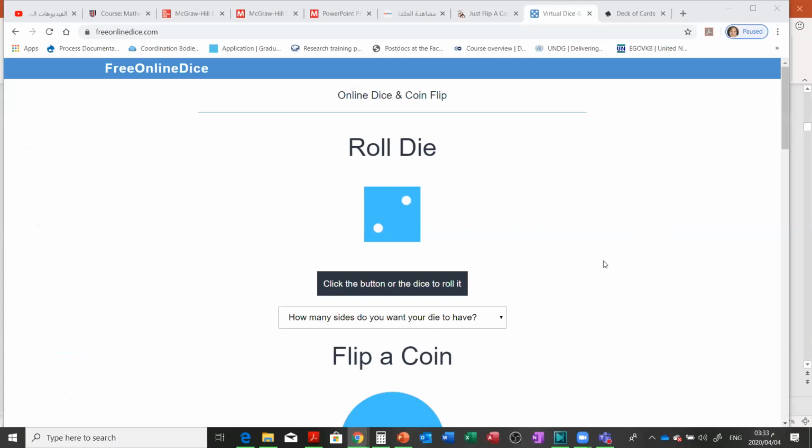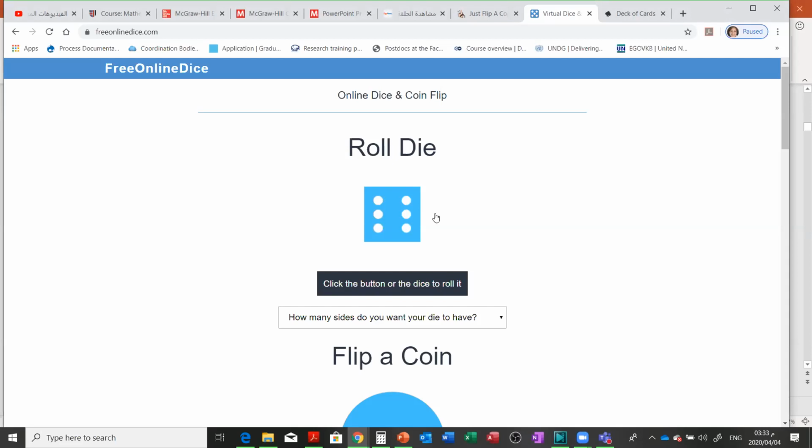Now we do. Okay, so this website offers us the possibility of rolling a die. Each time I click on this button, I will get a random result, one of the 6. We said there are 6 possible random results, from 1 to 6.